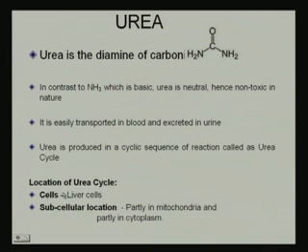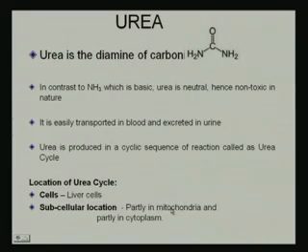If we see the location of this urea cycle, it is in the liver cell, and if we further classify the subcellular location, it is partly taking place in the mitochondria and partly in the cytoplasmic fluid of the cell.